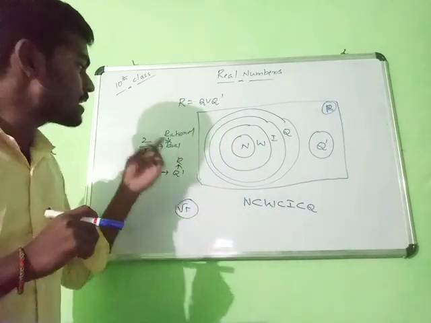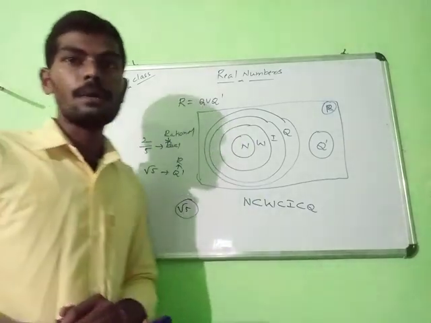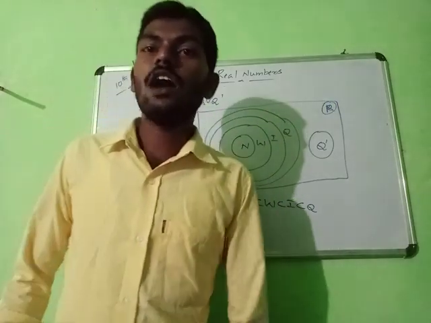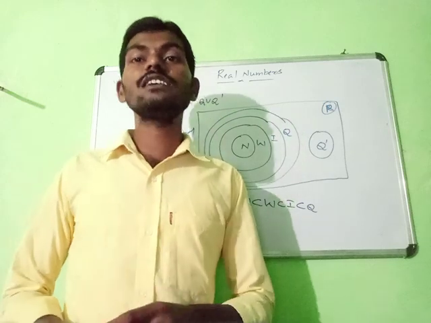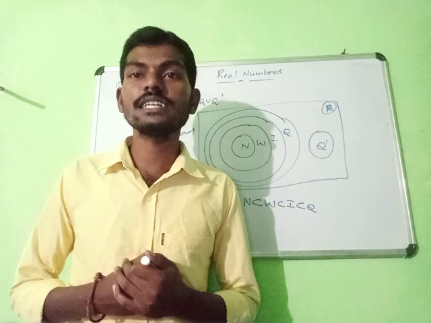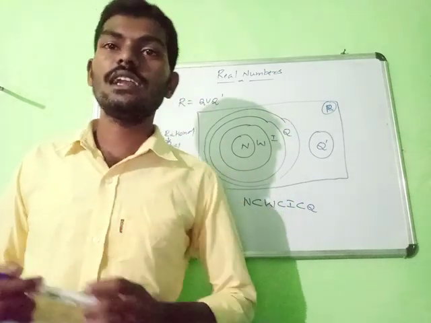But this other one is rational and real, but not irrational. So what is the point? Every rational number is always a real number. Every irrational number is always a real number. But every real number need not be rational. Similarly, every real number need not be irrational.